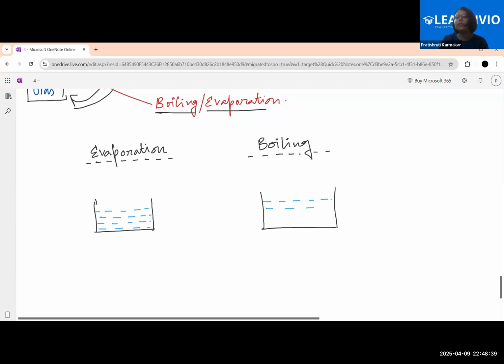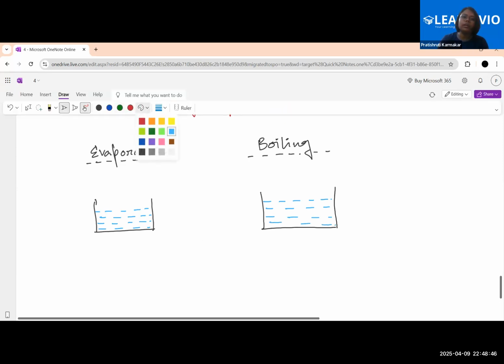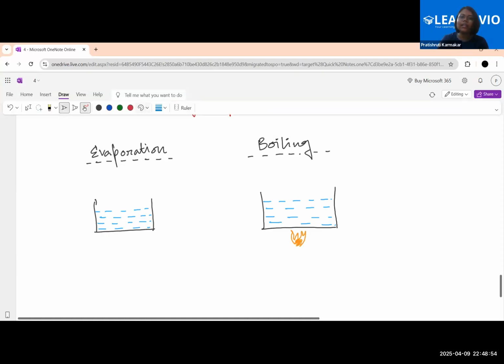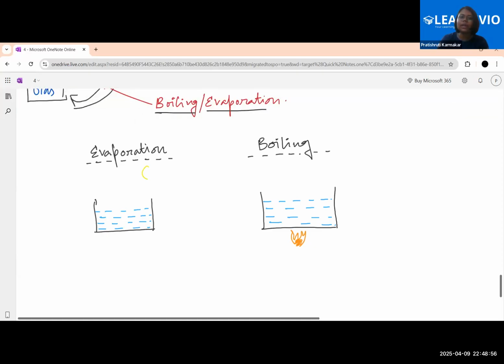Now what we are doing? In one case, we are heating it on the gas. In another case, we have just kept it under sunlight and did nothing. So what is the boiling point of water?